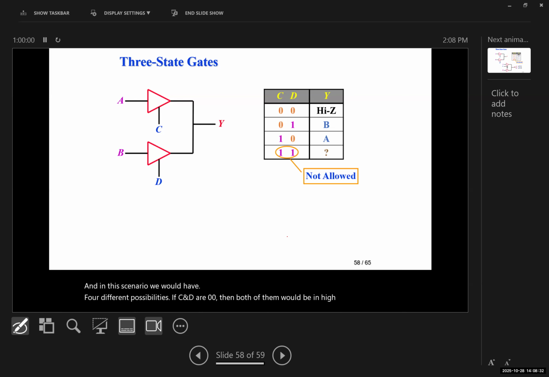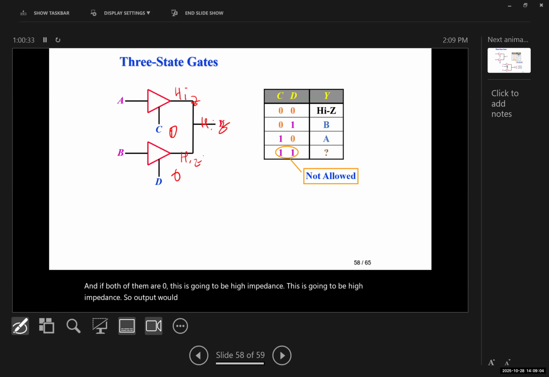Therefore, the output would be high Z. If C is 0 and D is 1, the output would be connected to B. And if C is 1 and D is 0, it's going to be A. So again, if this is 0, this is 1, this would be connected. If this is 1 and this is 0, A would be connected to Y. And if both of them are 0, this is going to be high impedance, this is going to be high impedance, so the output would be high impedance or nothing.